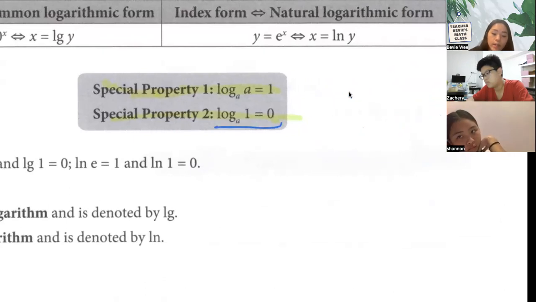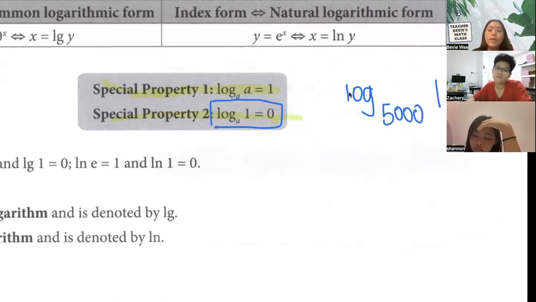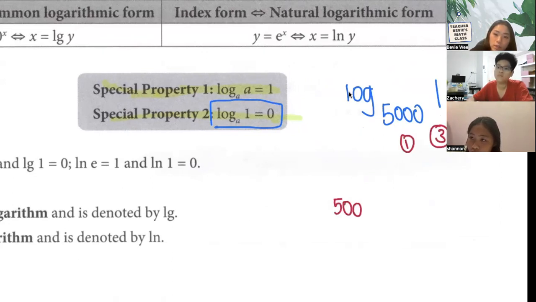Okay, this is another special property. Log of 1 to any base, I can put 5,000, equals 0. Any number. This is the zero index. Why? 1-3-2: 5,000 to the power of 0 equals 1.